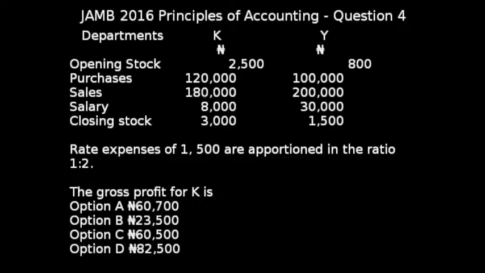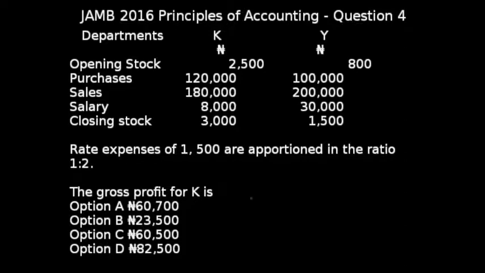Sales of department Care 180,000, and that of Y is 200. We have sales returns of department Care 8,000, and that of Care 30,000. Closing stock department Care 3,000, and that of Y 1,500. And we are given rent expenses of 1,500 to apportion in the ratio 1:2.